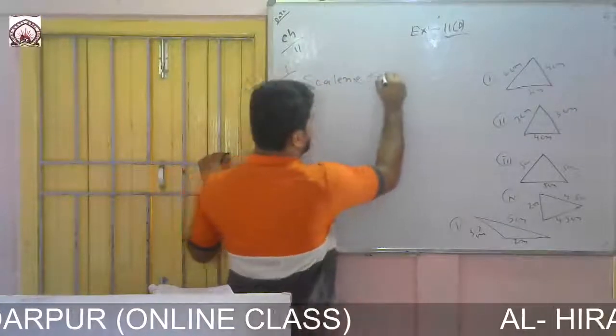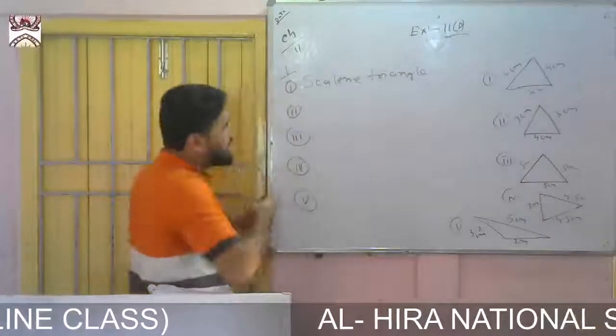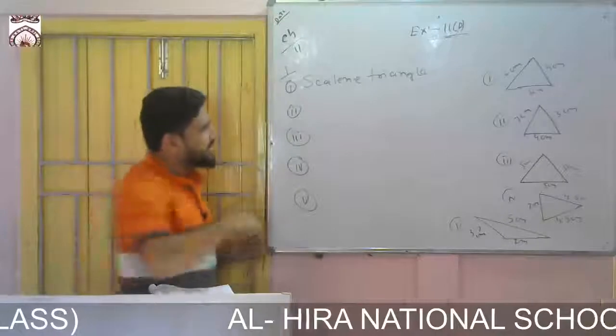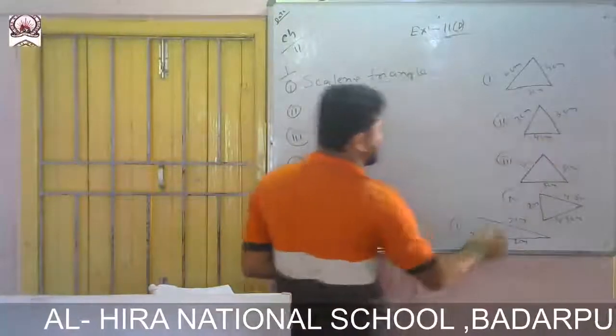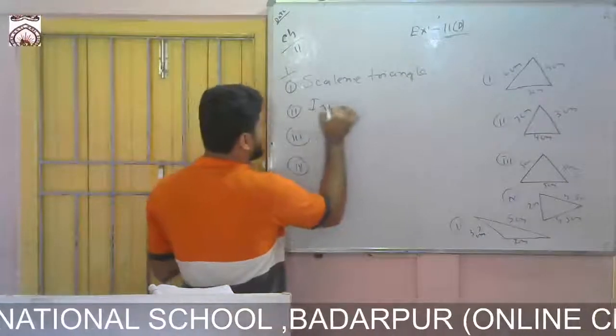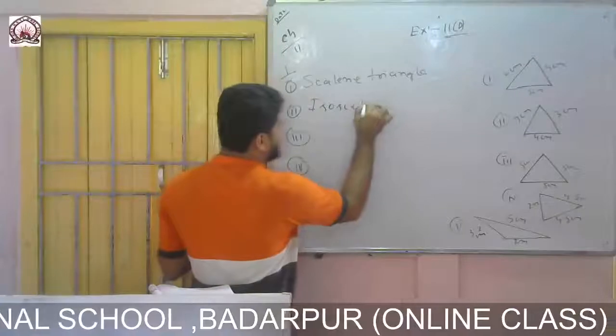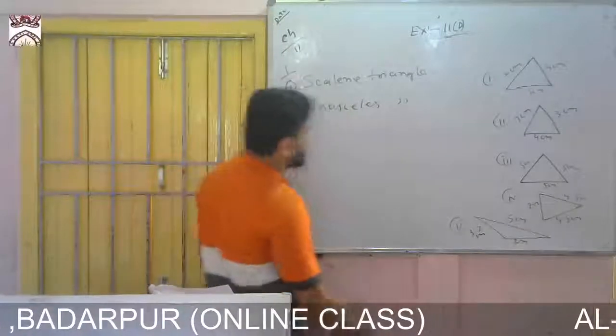Now number 2: 3 centimeter, 3 centimeter, 4 centimeter. That means two sides are equal, so it is an isosceles triangle.